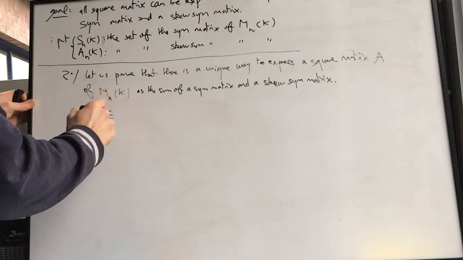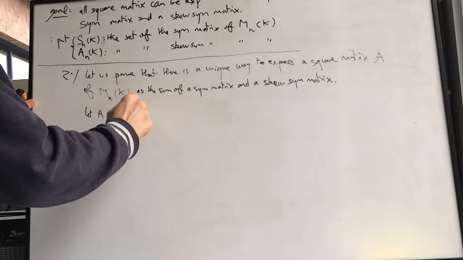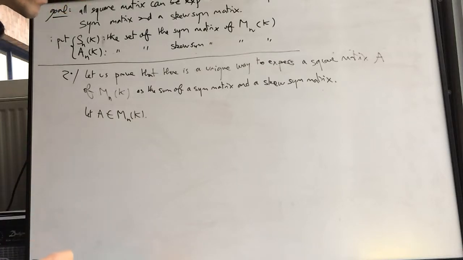Let A be a square matrix, and we have seen in the first part that we can express A as the sum of B and C, where B is a symmetric matrix and C is a skew symmetric matrix.